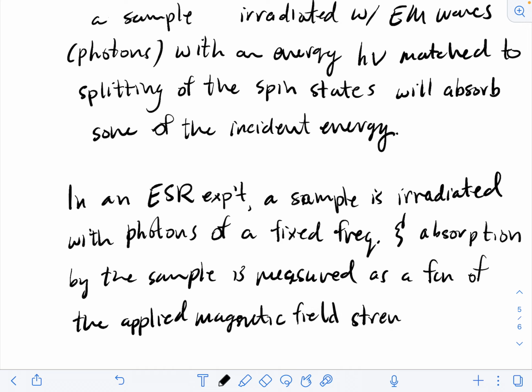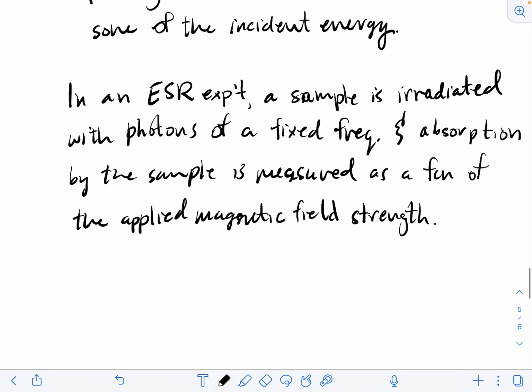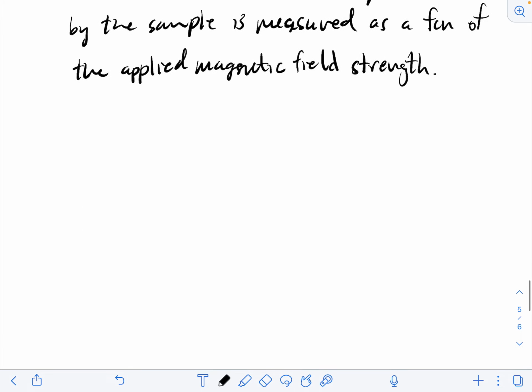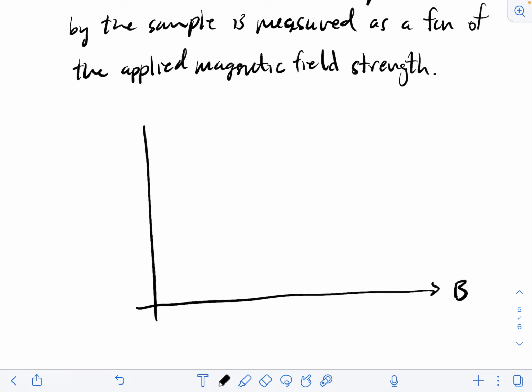Okay, good. So in a picture, what you might do is you might sweep the magnetic field and you measure the power absorption of the sample. And it's going to be a narrow absorption peak, but it'll have some finite width. So if we zoom in to the peak, we'll see a narrow, sharp peak.